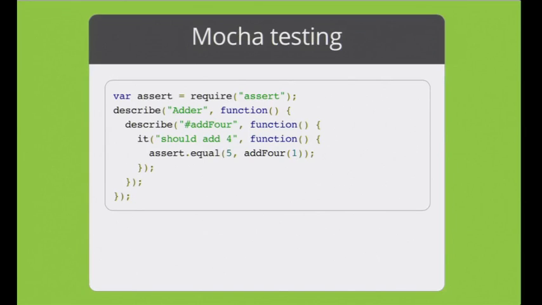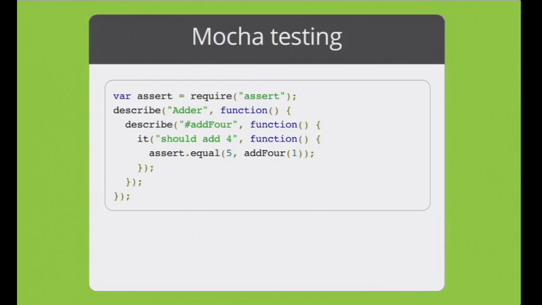So this is running on Node.js. We've got a require statement here, getting in the assert module. With Mocha, it will look at your JavaScript files and ensure that it's already available in scope, so you don't actually need to require Mocha. And then you have a kind of BDD style.